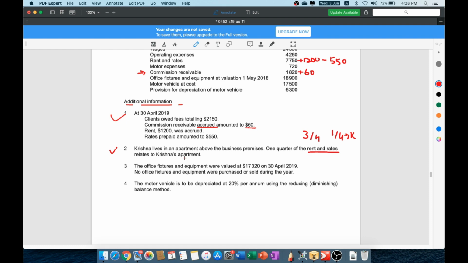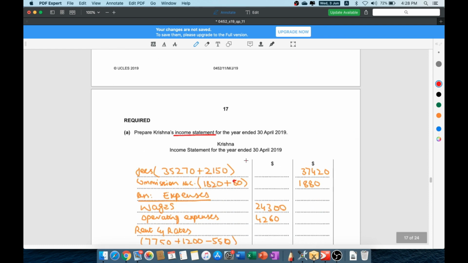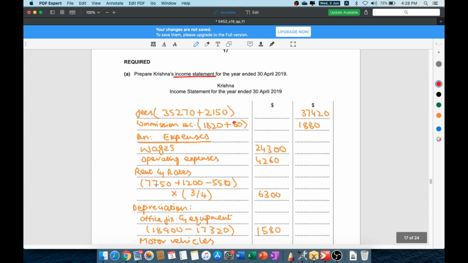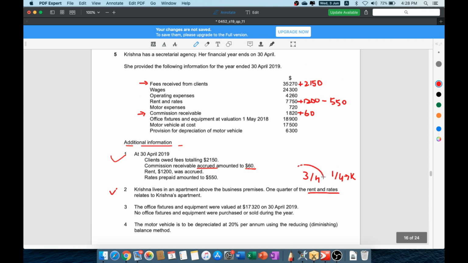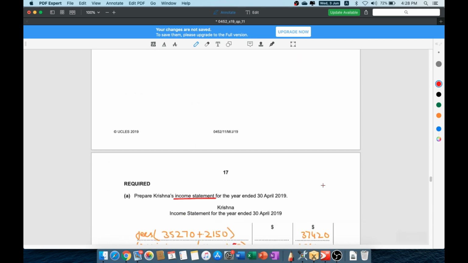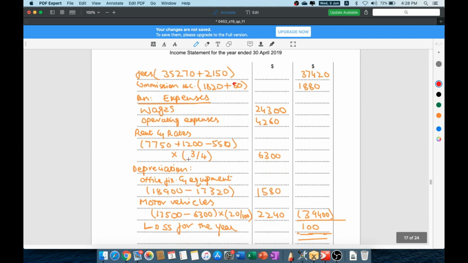So that's a drawing. All right, so we calculated rent and rates down here, 7750 plus 1200 minus 550. We're going to multiply that by 3/4, because 3/4 relates to the business and 1/4 is Krishna's. So that is going to give us 6300.